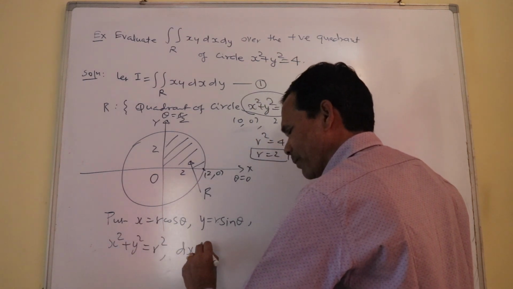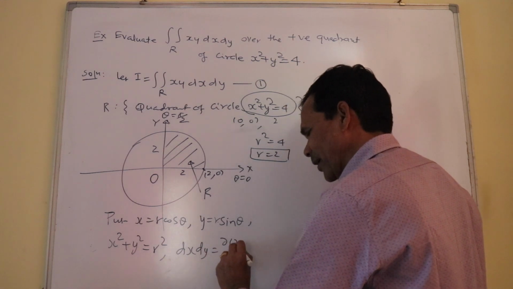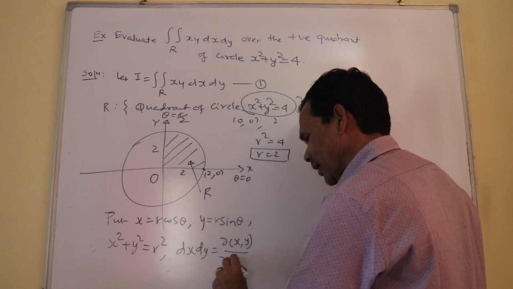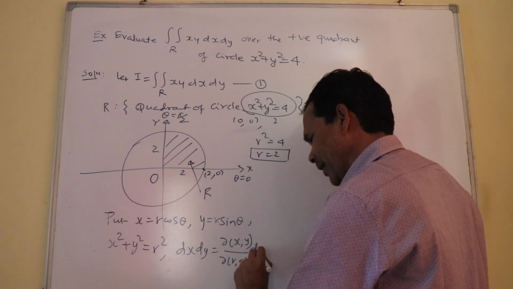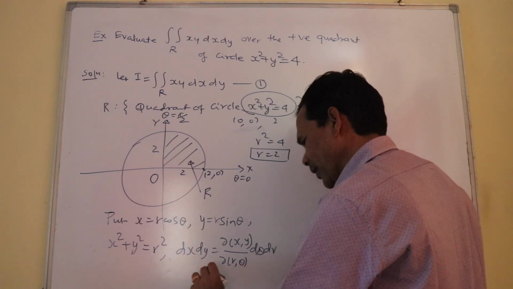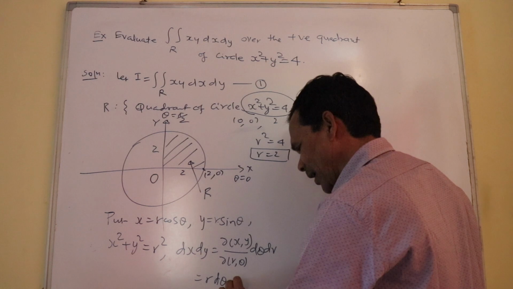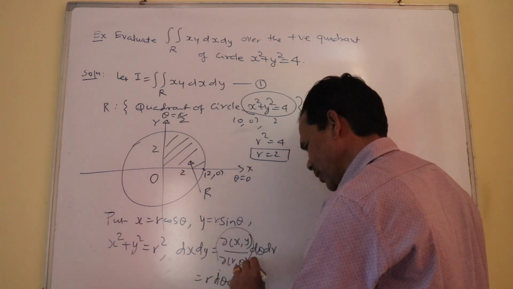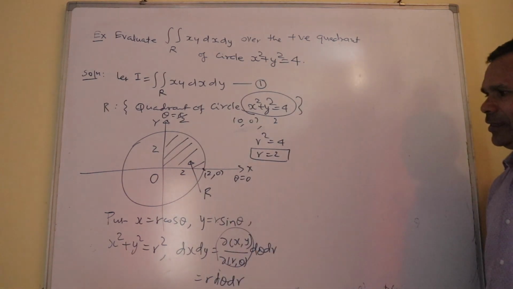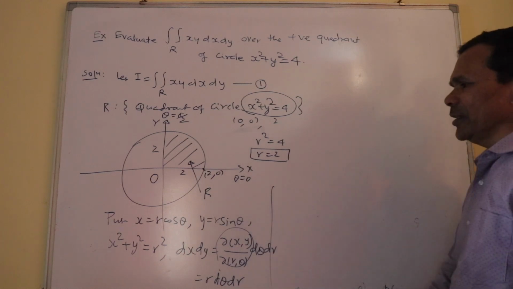And dx dy is defined as dA, and it is always taken as r d theta dr because the value of the Jacobian is r. So we transform this integral.